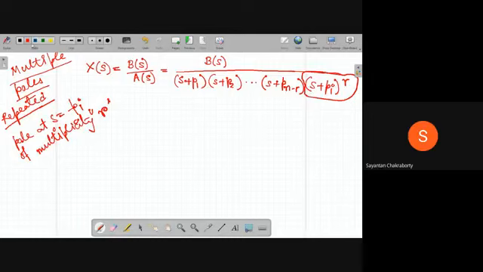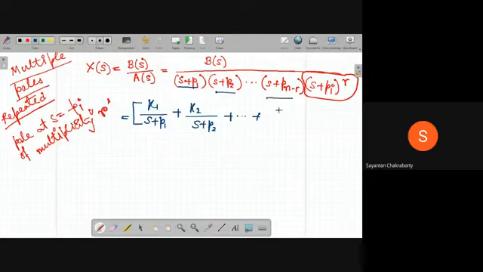What you can do, you can expand xs in the form like k1 over s plus p1, k2 over s plus p2. Since all these poles are distinct, you can simply obtain their corresponding partial fraction expansion and these residues can be calculated using the standard formula.